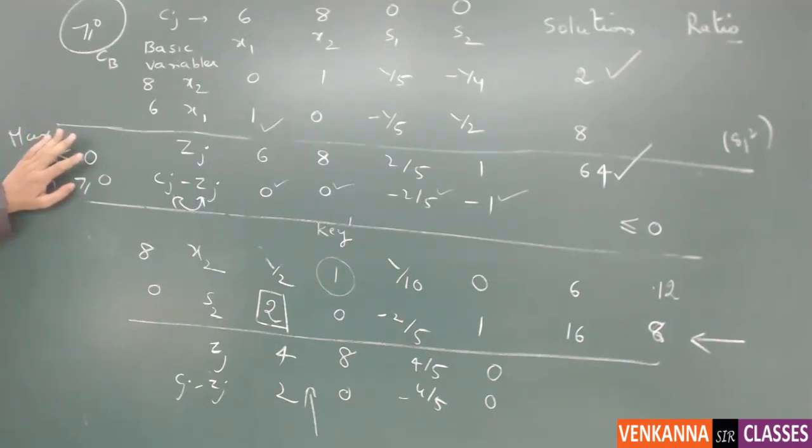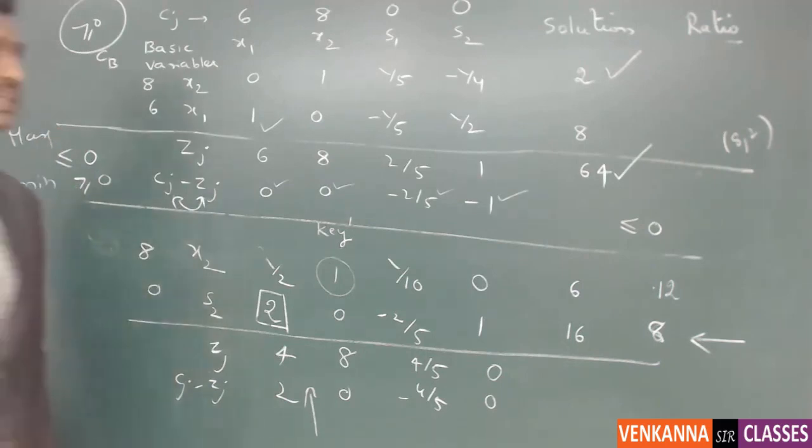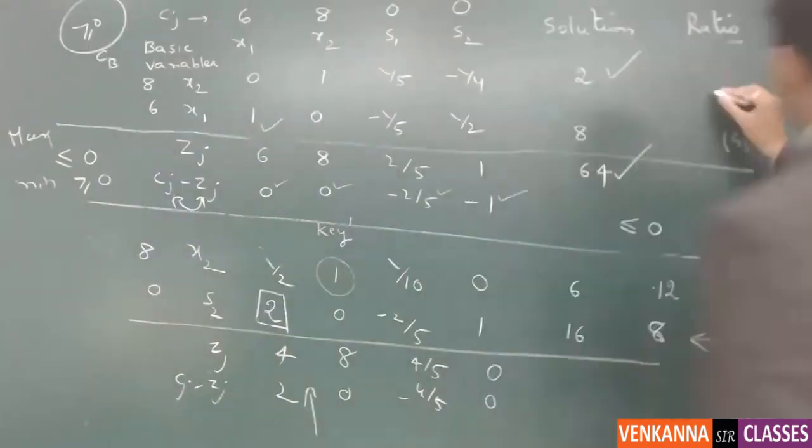The method is defined like this only. Definitely, I am going to take more number of problems on this, not only one, because I want to cover the maximization concept and minimization. The ratio for minimization is also the same thing. Always the ratio will be taken as minimum only.